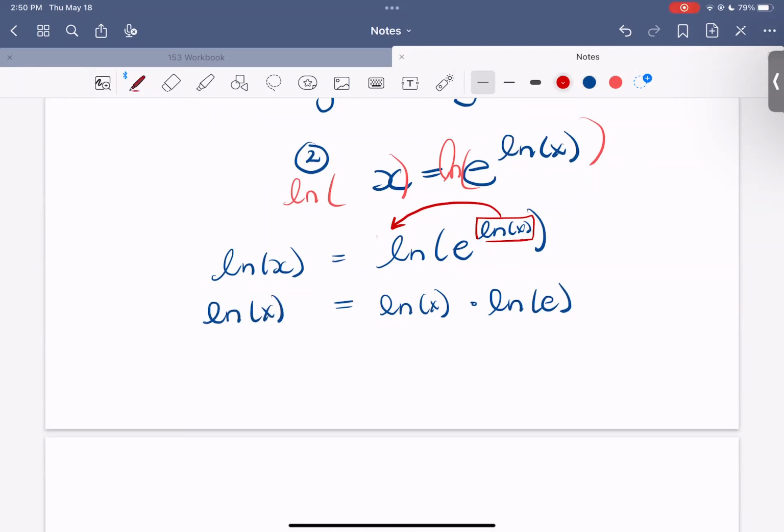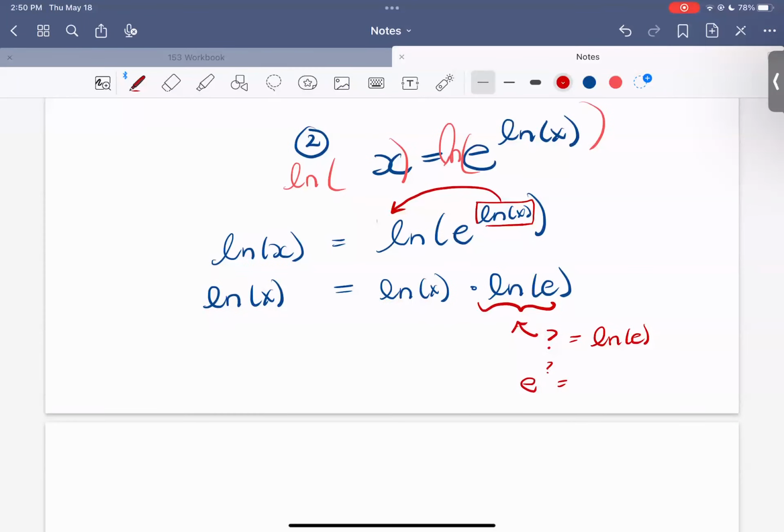So now, what does ln of e mean? Well, just reading the definition of natural log, this ln of e means that e to some power is equal to e. And why is that?